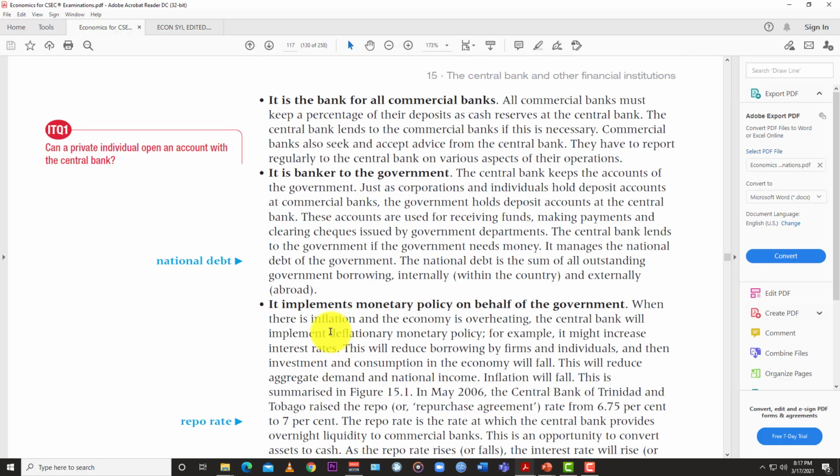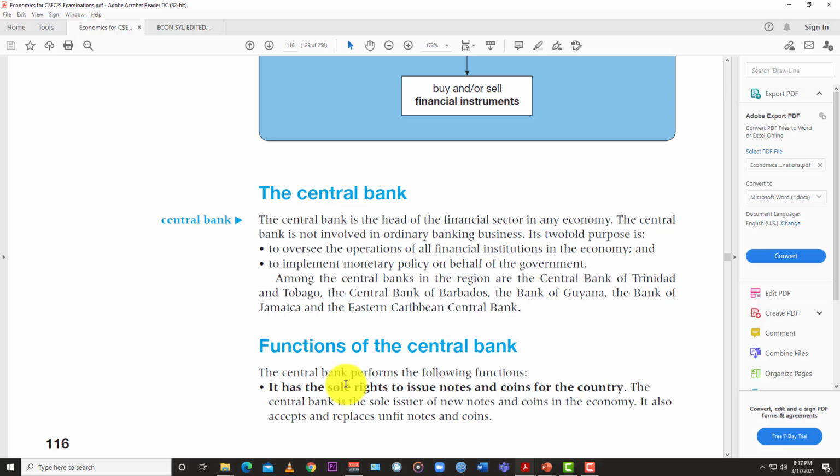Okay, good. So let's go. Functions of the bank. The central bank performs the following functions. It has the sole right to issue notes and coins for the country. That's self-explanatory. The central bank is the only entity that can issue coins and currency in any country. The Fed issues the coins and currency in America.